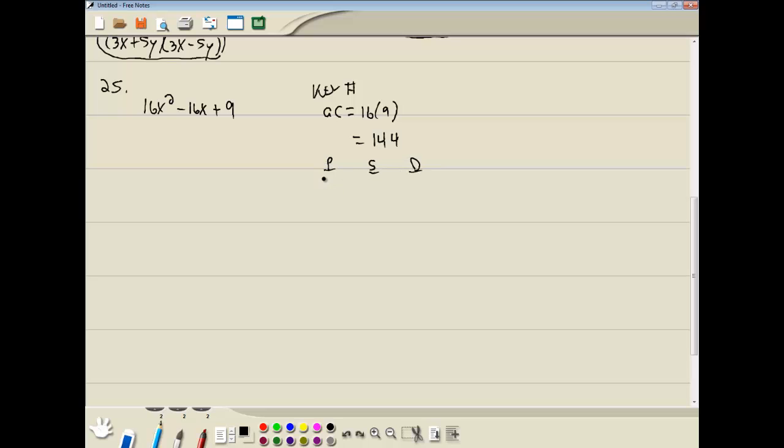Write down all products that give us 144. We got 1 times 144, 2 times 72, 3 times 48, 4 times 36, 6 times 24, 8 times 18, 9 times 16, 12 times 12.